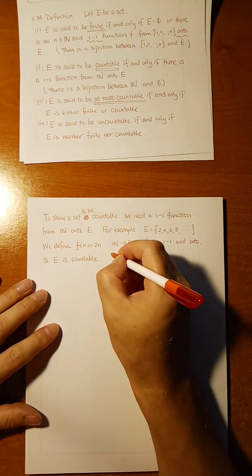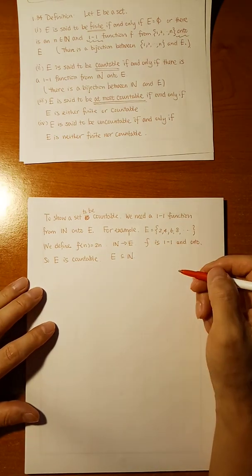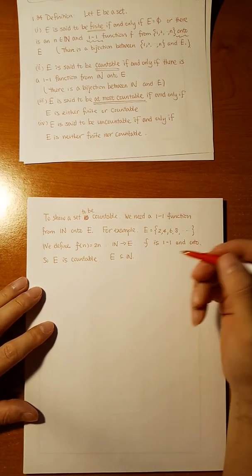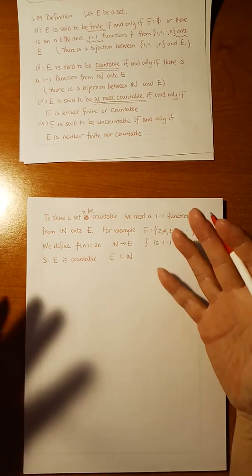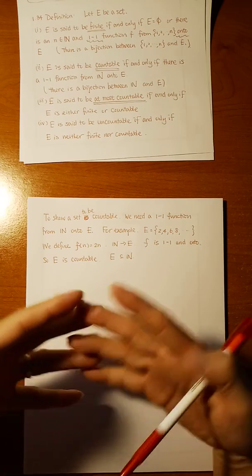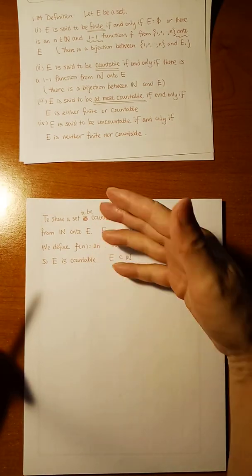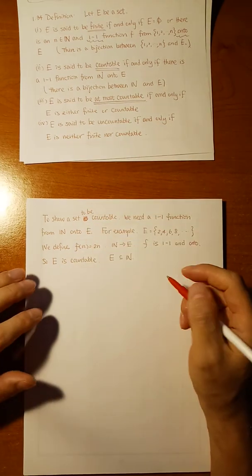But we also know that the set E is a subset of the natural numbers. The natural numbers, of course, are countable. Basically, we understand them as the same: if two sets are both countable, they are both listed as the first, second, third, fourth element, then they have the same number of elements.